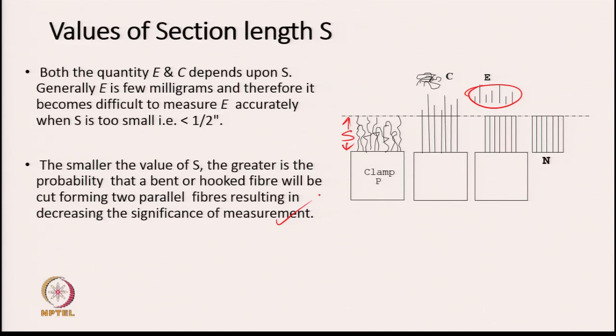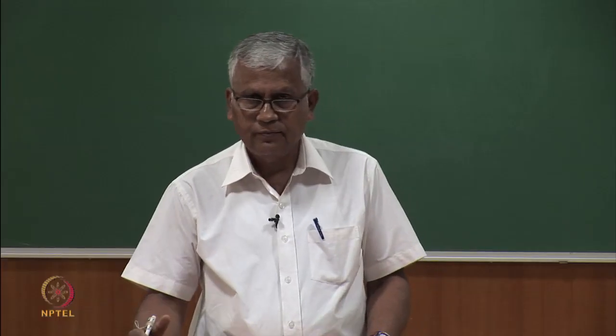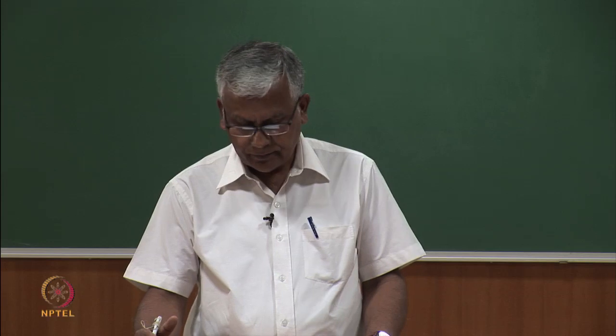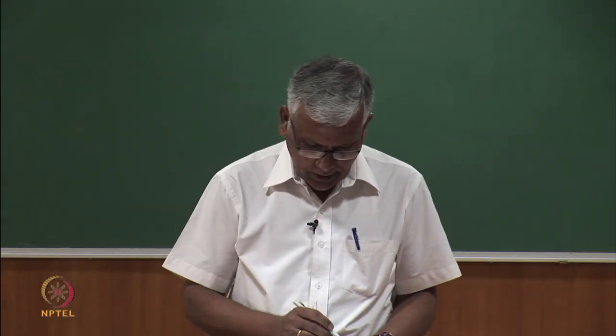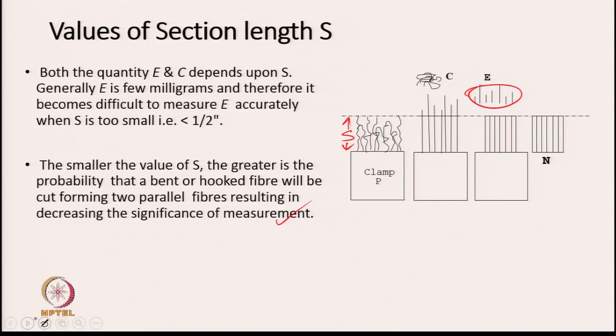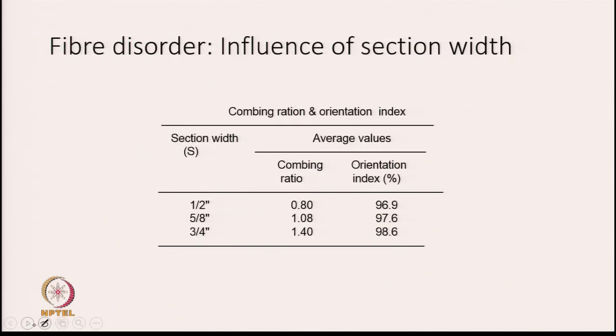At the same time, it should not be so much that it exceeds the fiber length. So, usually we keep the value of S close to half an inch for cotton.